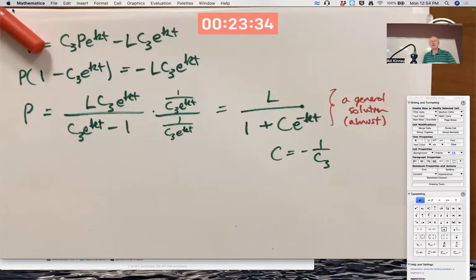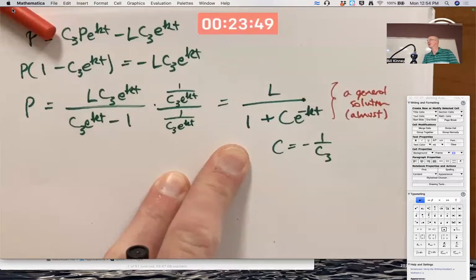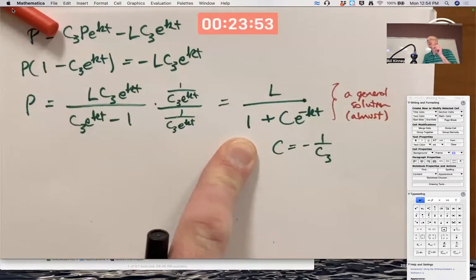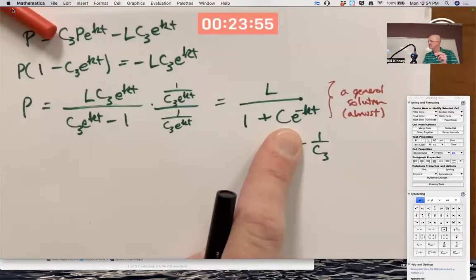But now let me do the other thing that I've done with this kind of thing. Let me write down what I call a generic initial value problem and find what I call the unique solution of that generic initial value problem. This does solve the differential equation no matter what C is. C is arbitrary. But if I have a particular initial condition, I can figure out what C is.